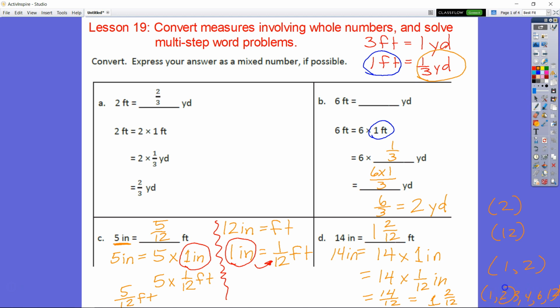We know that our greatest common factor is 2, so if we divide by 2, we get 1 and 1/6 of a foot. Now, when I said divide by 2, I meant I divide our numerator and denominator by 2/2, so it's fraction form of 1.